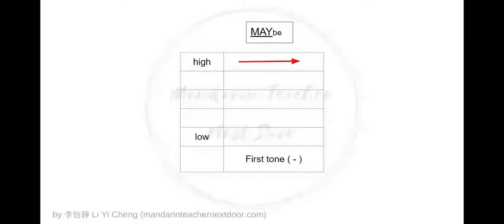How do we say this one? Imagine my friend asked me, hey Yi-Cheng, are you going to my birthday party this weekend? And instead of saying a clear yes or no, I just give them a tricky smile and say, maybe.